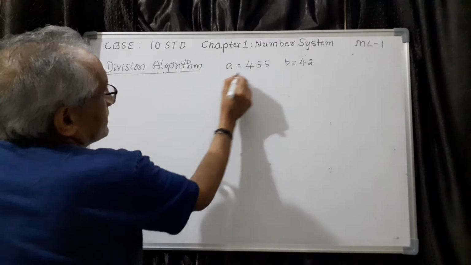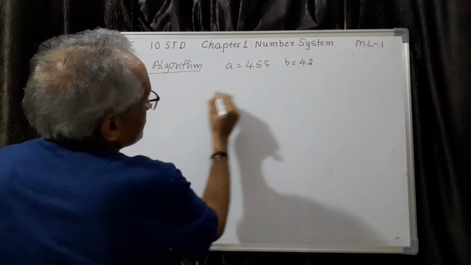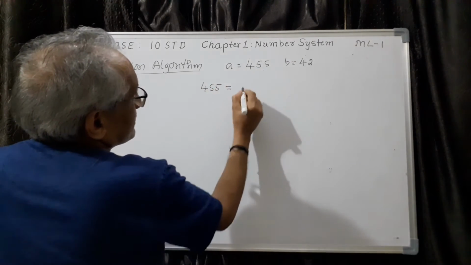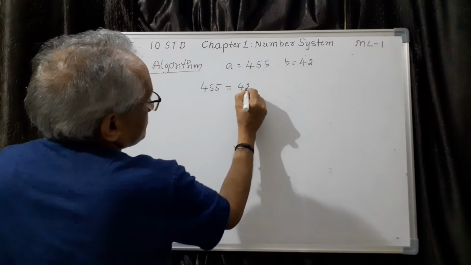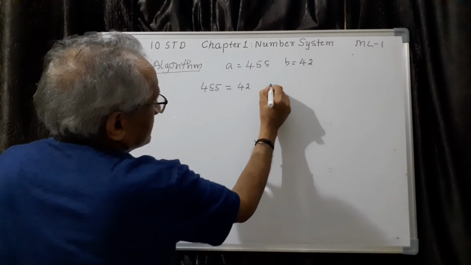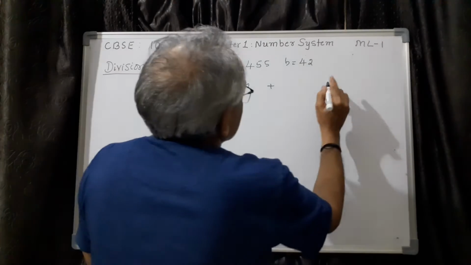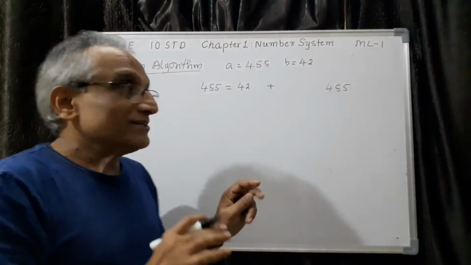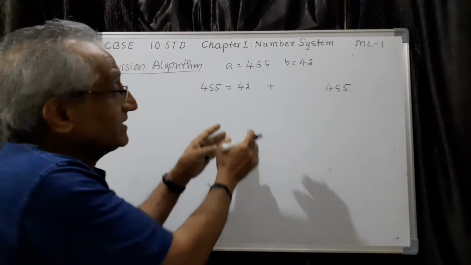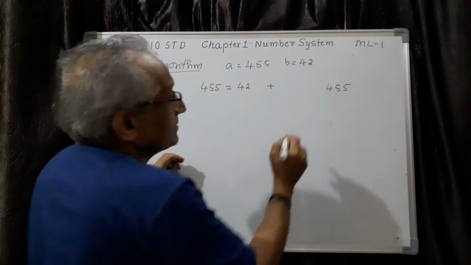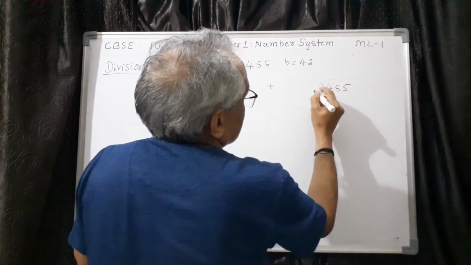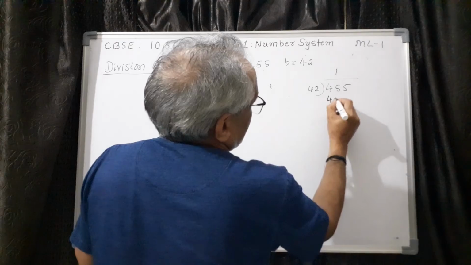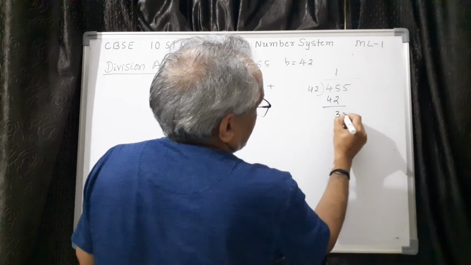Therefore, A here is 455, B is 42. So 455 can be written as, B means 42. If you have difficulty, don't worry. First you do this procedure, because in the textbook they give it directly and you may not understand how this comes. So this is the procedure. 455 divided by 42. 42 ones are 42. Then 35.